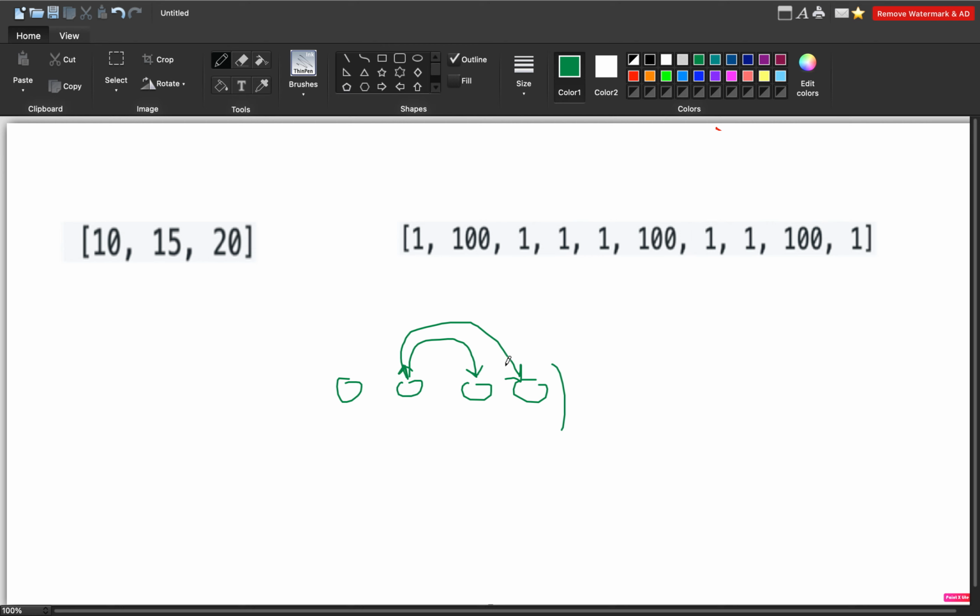When you jump one step, this cost will be included. Similarly, when you jump like this, this particular cost will be added. So let's clear this out and understand how things are working.